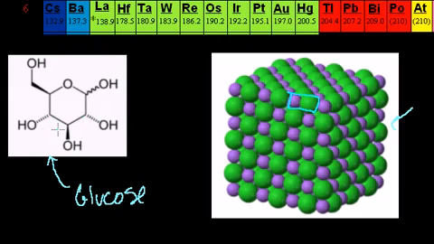But glucose, when it goes into water, just stays as one molecule of glucose. So a mole of glucose will just stay as 1 mole, while a mole of sodium chloride will turn into 2 moles because it dissociates. It turns into 2 separate particles.